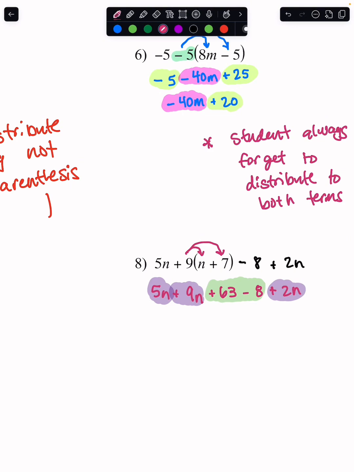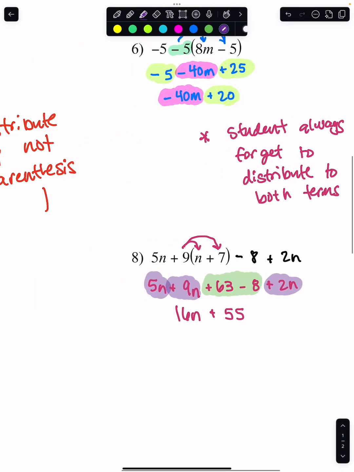So 5n plus 9n, that's going to be 14n, plus 2 more n's is 16n. And then 63 minus 8 is going to be 55. And then remember that this 16n was a result of adding all the n's together. And then that 55 was a result of 63 minus 8. Okay?